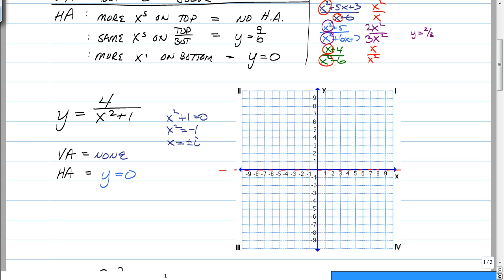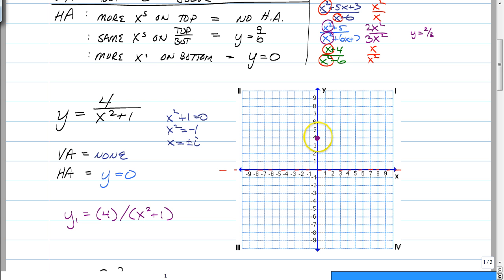So now all you have to do is go to y1 of your calculator and you type 4 in parentheses, divided by x squared plus 1 in parentheses, numerator in parentheses, denominator in parentheses, and then you press graph, and you're going to get some nice points.